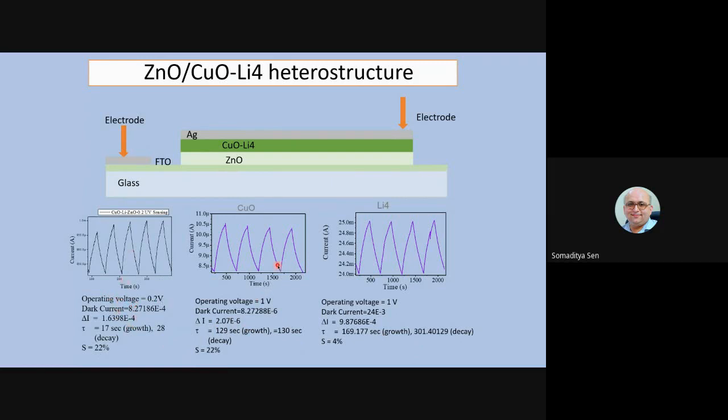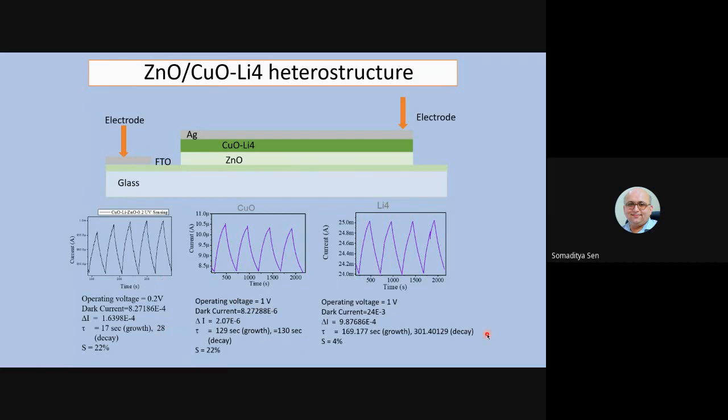And these are the copper oxide phenomena and the lithium phenomena. We also have the zinc oxide phenomena, but I did not put it up here due to lack of space. But what we see is that this junction creation has enhanced the fastness. The tau has improved a lot. So instead of 129 or 130 seconds, we have 17 seconds or 28 seconds. So it's a very fast sensor.